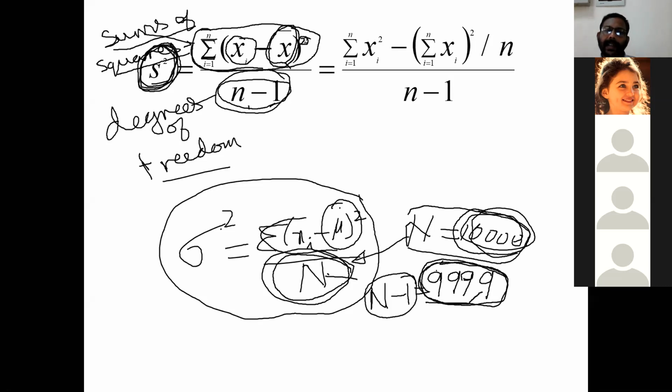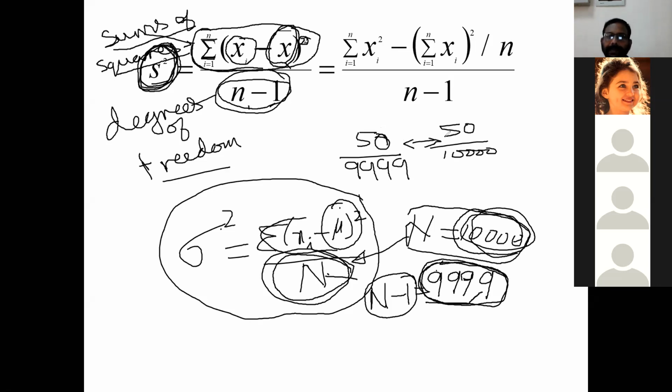Let's say I am dividing 50 by 10,000 or by 9,999. Does it make a huge difference?